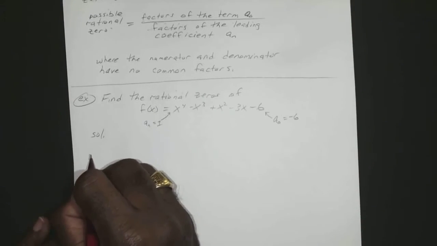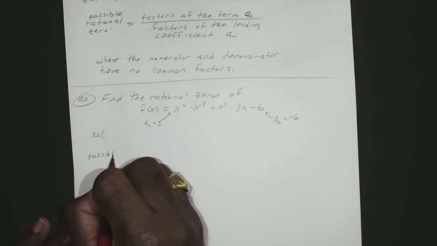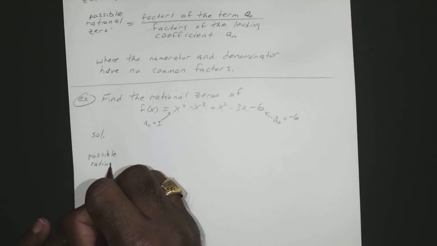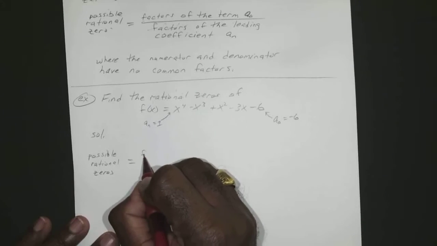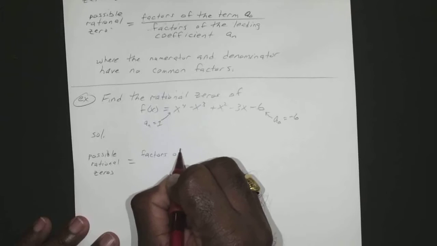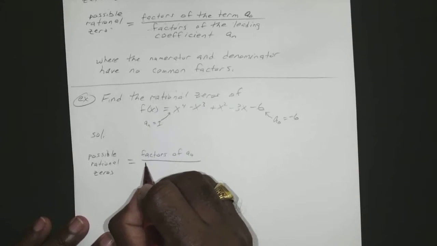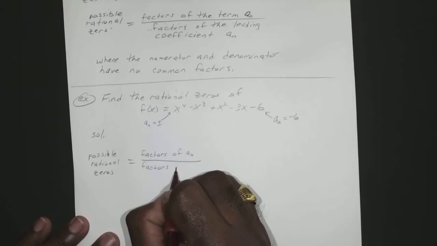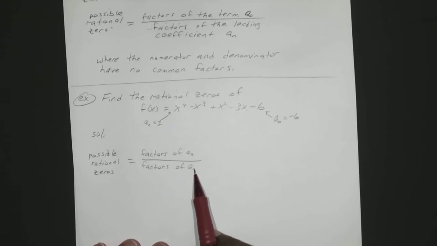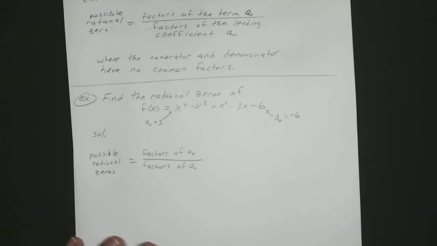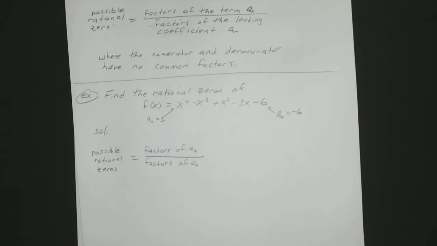So all your possible rational zeros would be your factors of a 0 divided by the factors of your lead coefficient. If you're ever confused as to which one goes where, always say 0 and n on. That's my little shortcut. Horrible memory, so you think of little things like that.